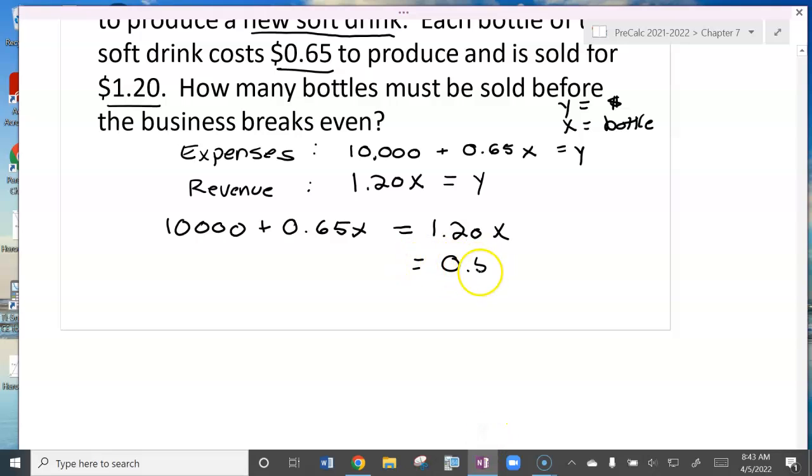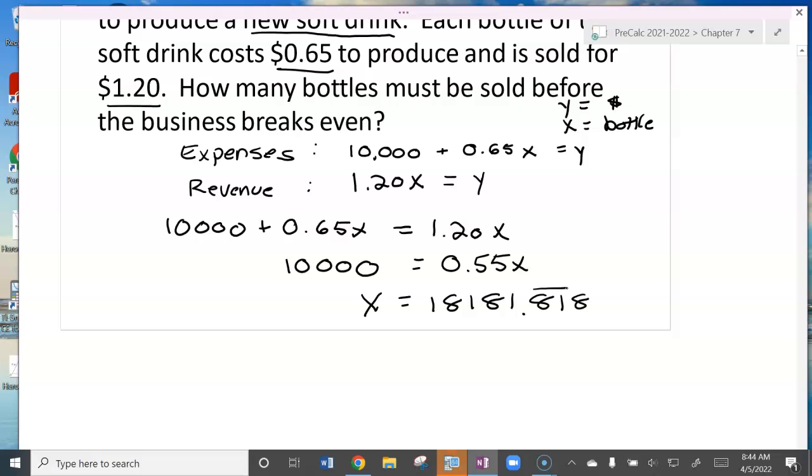So I get 0.55x equals 10,000. And then divide the 10,000 by 0.55. And I get 18181. So x equals 18181.818, and this is continuing.